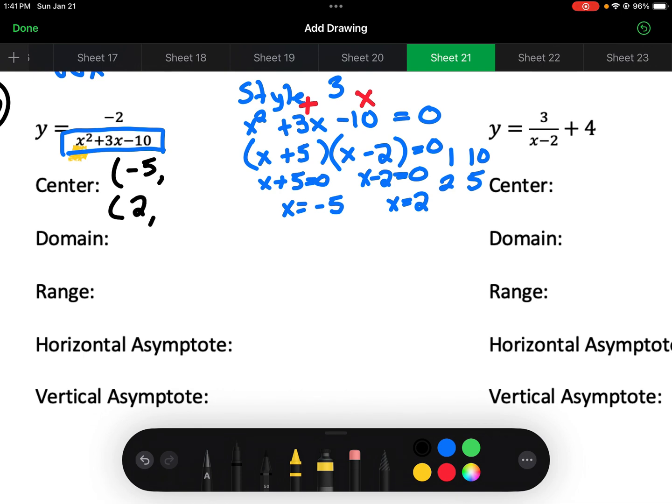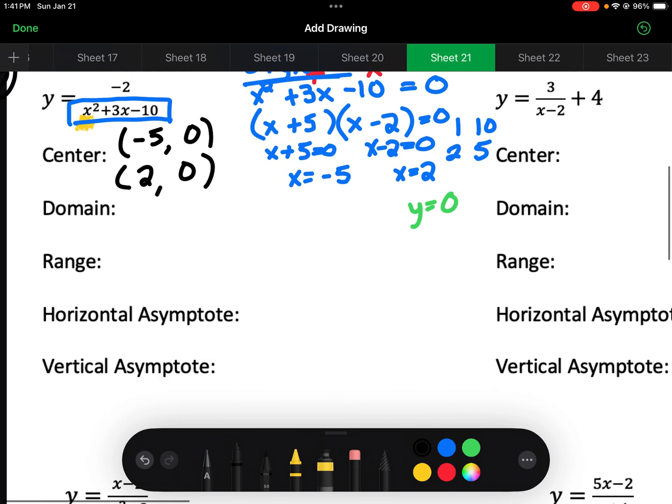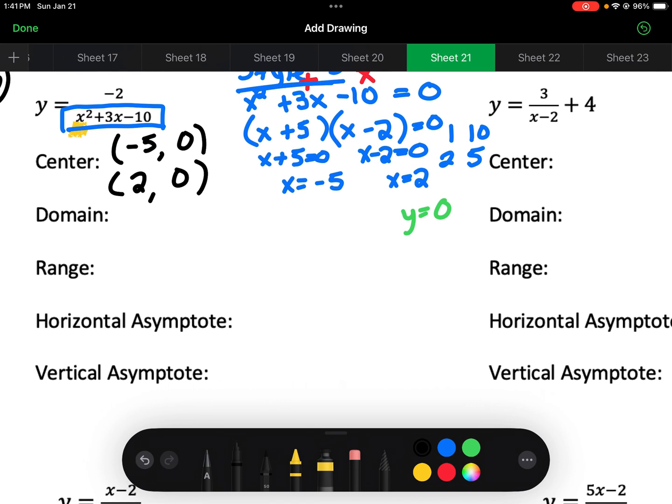Those are the x values of my center for style 3. What's very nice is on style 3, we always get a y value of 0, so my centers have y values of 0. That makes it super easy to do domain, range, horizontal, and vertical asymptotes.